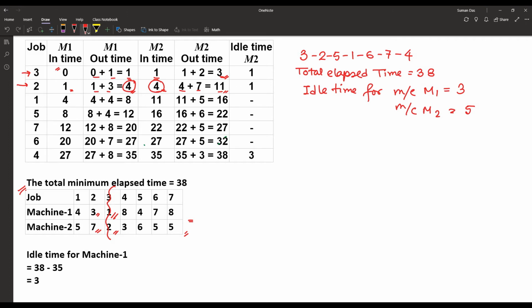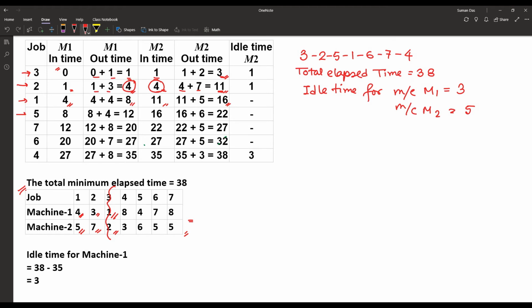Next in the sequence, now changed from 5 to 1. The out time of machine M1 was 4, and for job 1 the processing time is 4, so out time is 8. Now machine M2 ended at 11, so it has to start from 11. For job 1 the processing time on machine M2 is 5, so its out time is now 16.